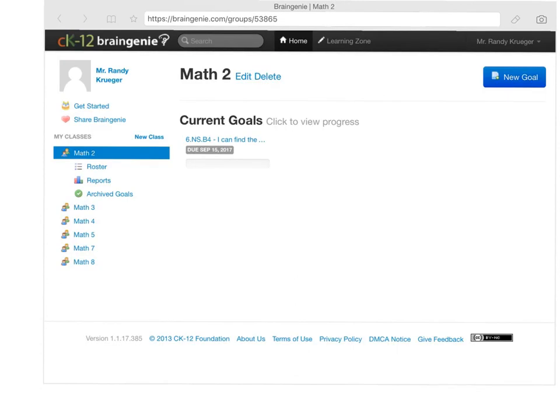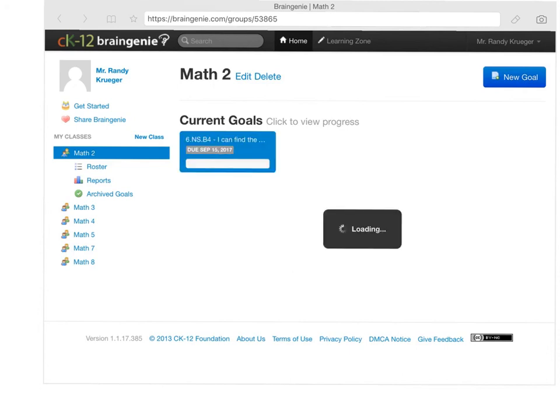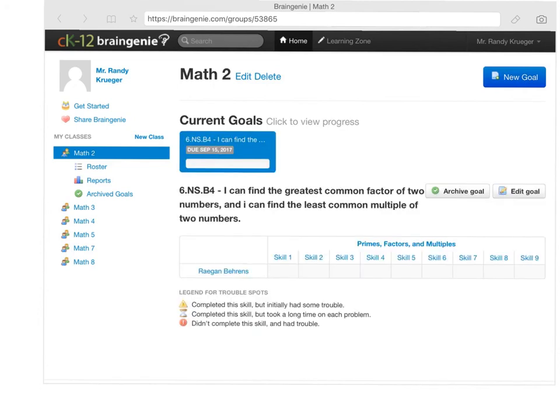So in Brain Genie, I've made you a goal, and the goal is called 6.NS.B.4. That's a standard, and for that standard, I've picked out 9 skills that will help you work with the original math vocabulary from this investigation. So what we'll do here is I'll have you log into your Brain Genie account, and we can do these skills one skill at a time.